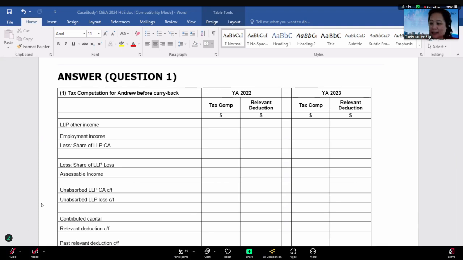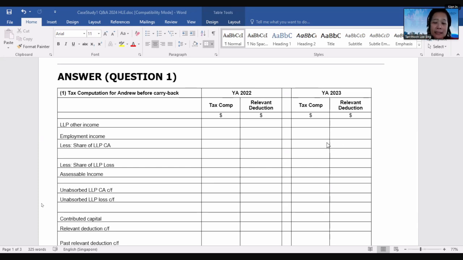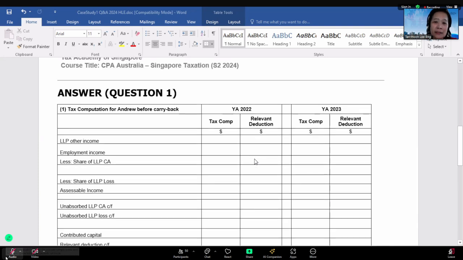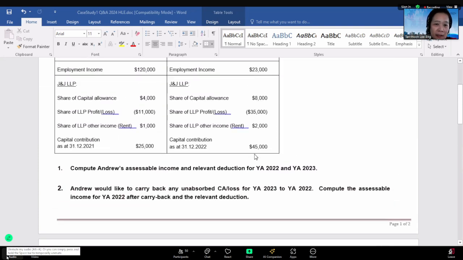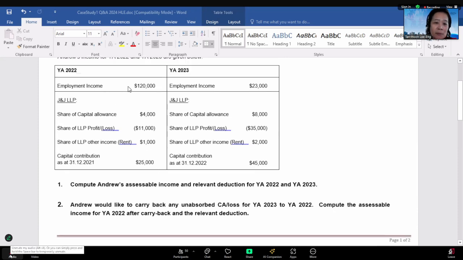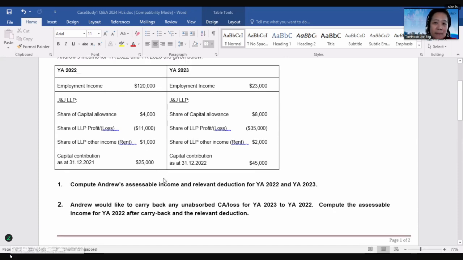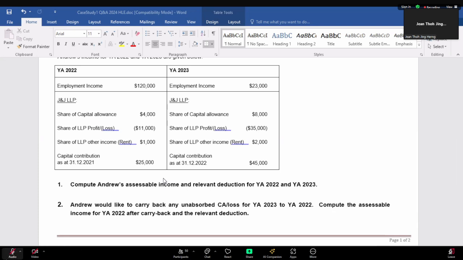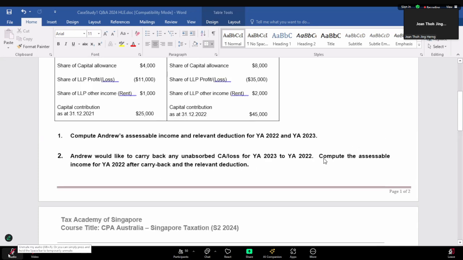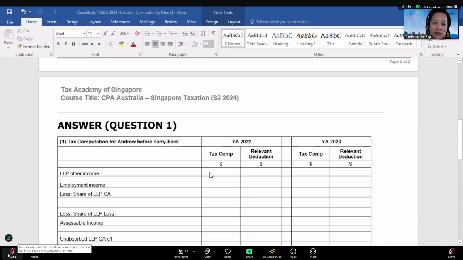LLP other income. Anybody wants to help me with it? What is LLP other income? It's actually in here already. Besides employment income, there's other income. 1,000 rent. That's right, Jean, very good. So it's other income, we put it in.